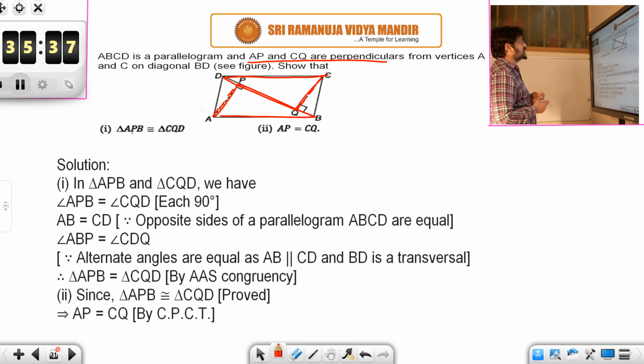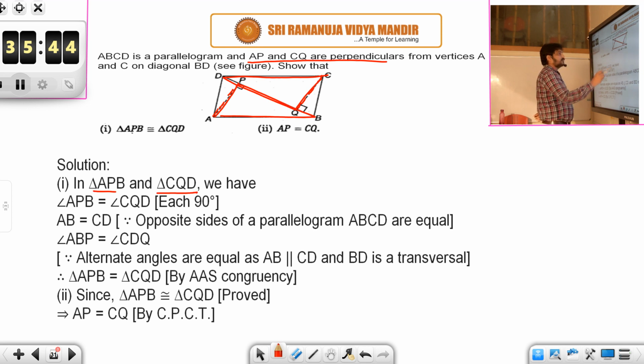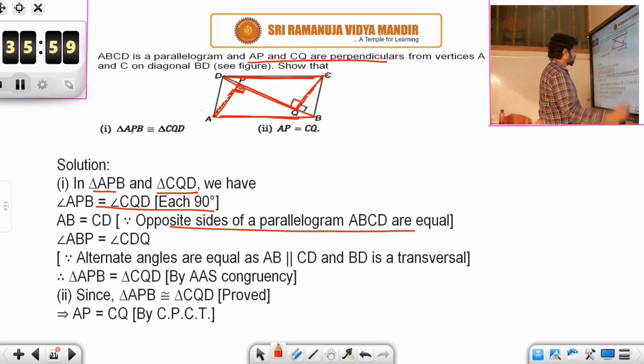Okay, students. Now, in triangle APB and triangle CQD, we have angles APB and CQD as 90 degrees because AP and CQ are perpendiculars. And then we know that AB is equal to CD. Why? Because they are opposite sides of a parallelogram. Right?